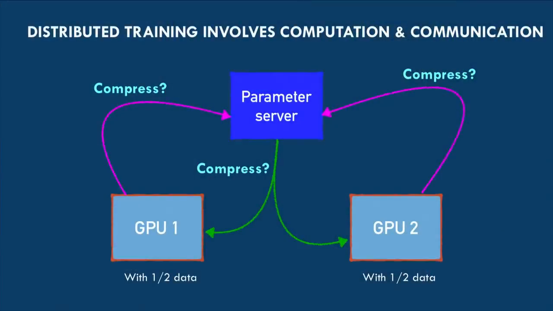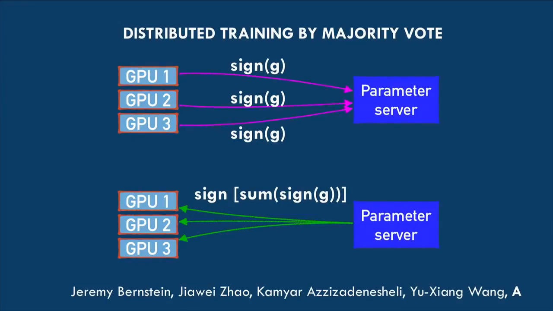The workers, typically the GPUs, would compute the stochastic gradients, but compress them when they send to a server. So in this architecture, there's a parameter server that takes in the compressed gradients and then aggregates and sends back the compressed answer.